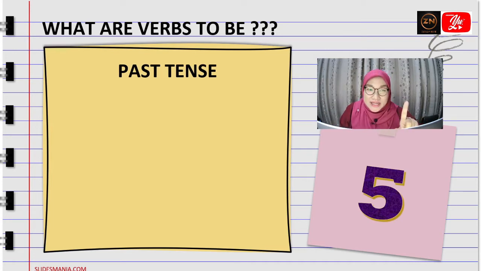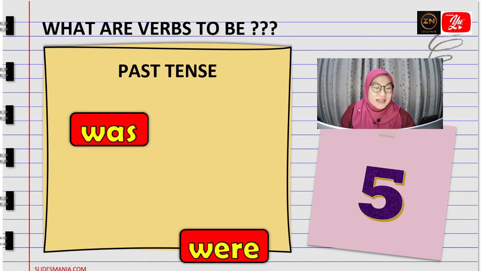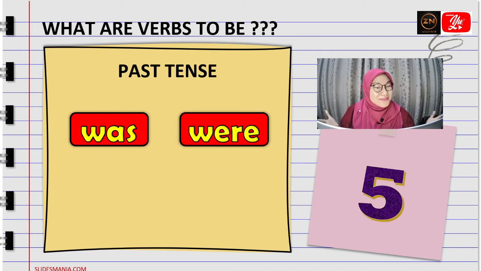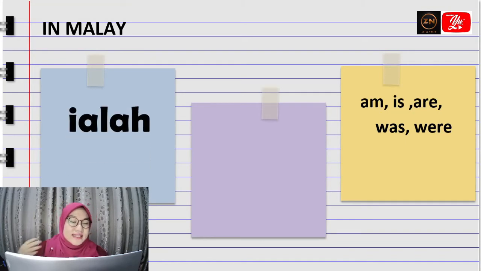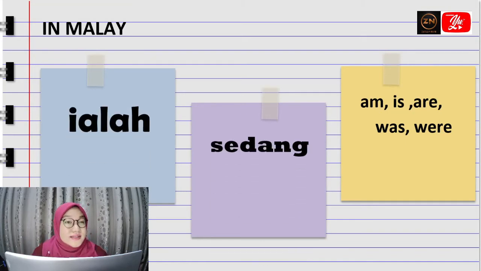And that is why I put different colors for these two, just to show that they are a little bit different than the present tense. So for past tense, we have was and were. Simple, right? So in Malay, verbs to be can carry different meanings, such as ialah or sedang. Alright, depends on the sentence that you are making.